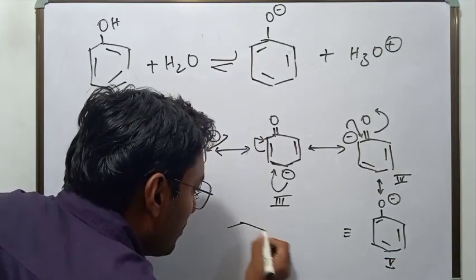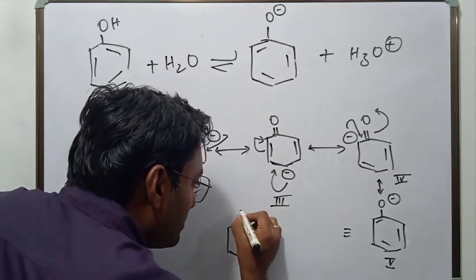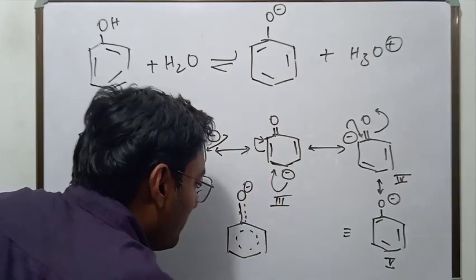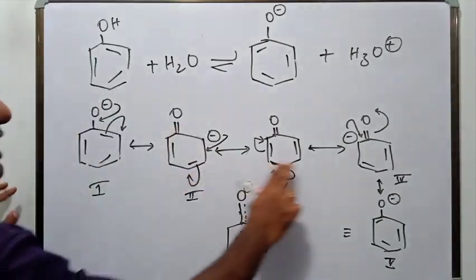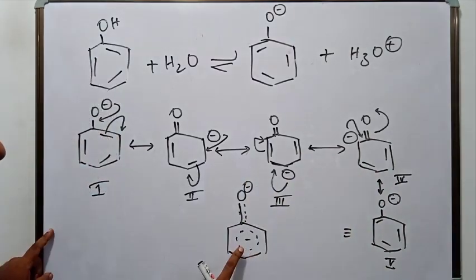You can draw the resonance hybrid structure. It is the real structure of the phenoxide ion. All others are hypothetical structures. These structures really don't exist. The real structure that exists is this.